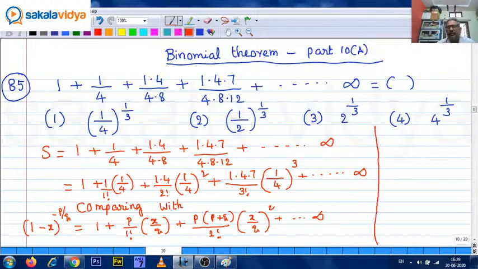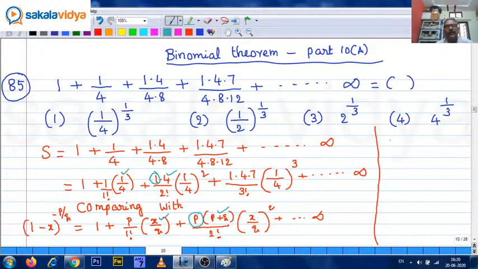So on comparison we get p value equal to 1, p plus q equal to 4, and x by q equals 1 by 4.